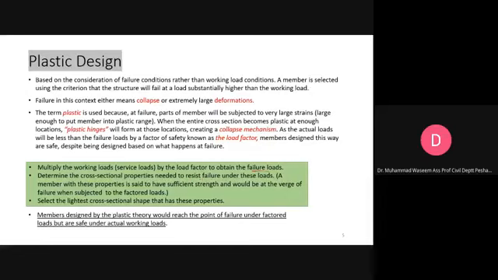Members designed by the plastic theory would reach the point of failure under factored load, but are safe under actual working load. The loads in the member will be service loads, but you enhance the actual loads so that they correspond to the plastic region of your member.